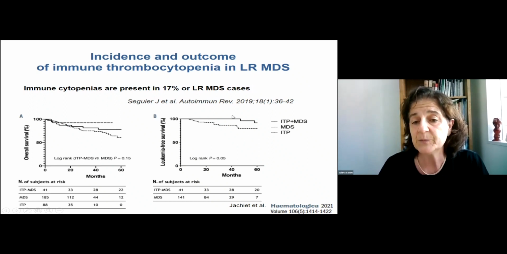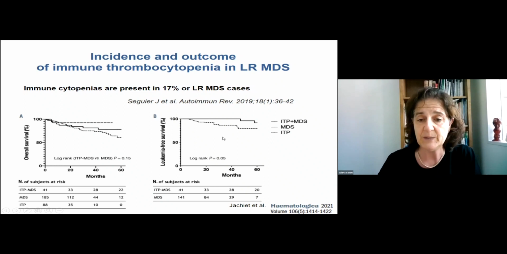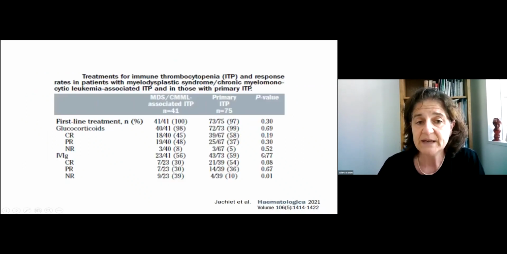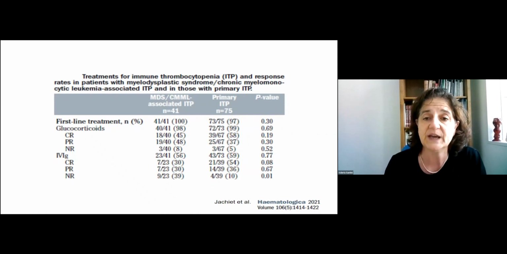But regarding progression to leukemia, the presence of autoimmune thrombocytopenia seems to favor the patient, and there is less progression to AML.